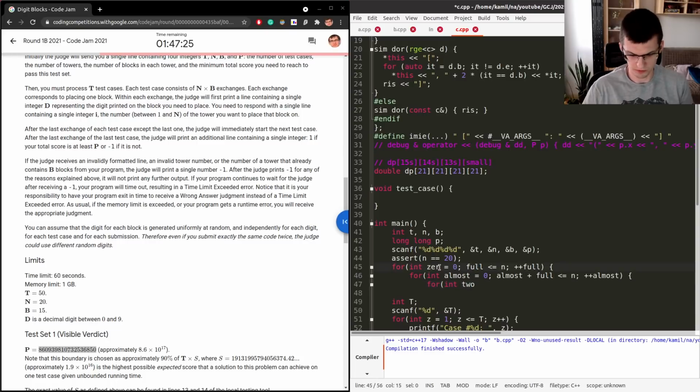Let's call it 0. It means that 0 left. This will be called 1. This will be called 2.